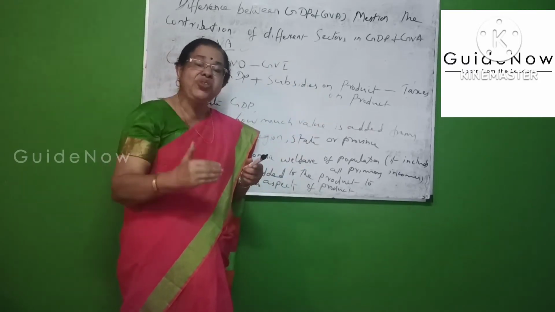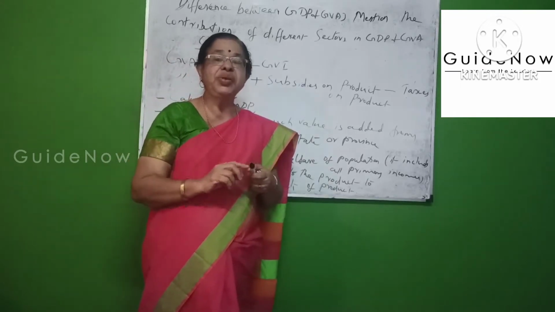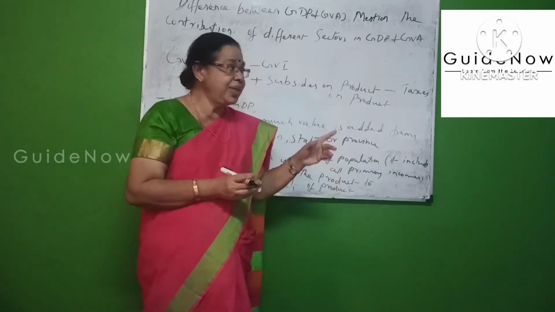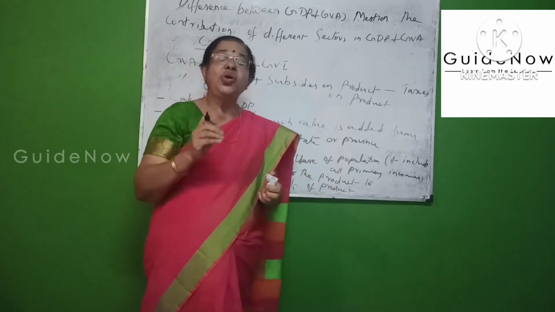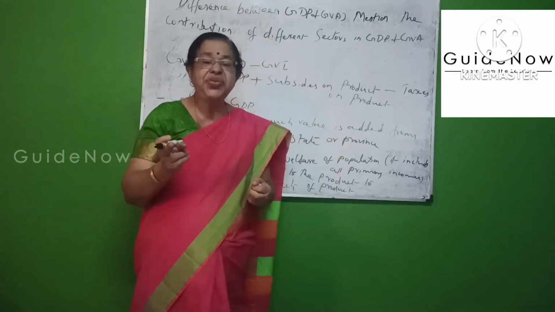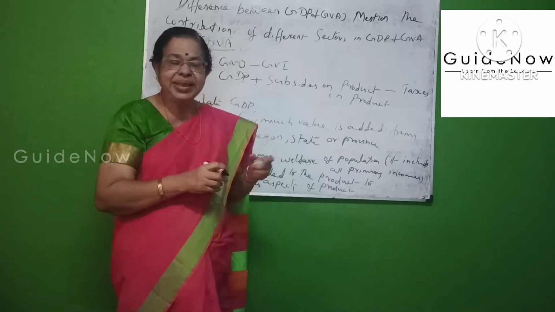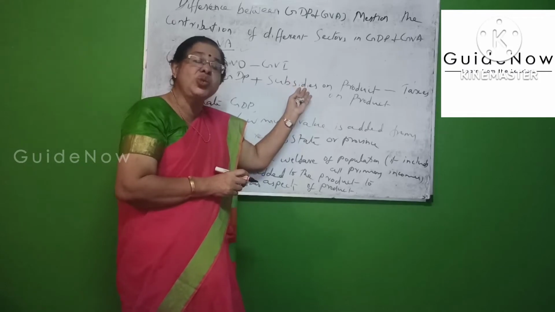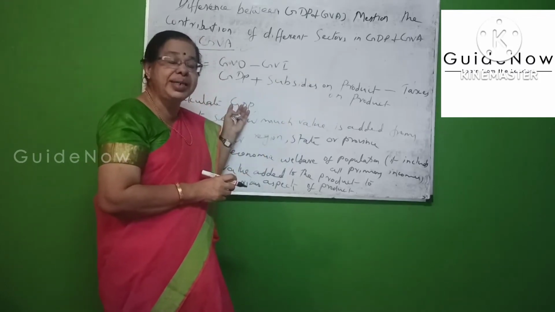In short, it is the difference between output and input, that is, how much value is added to the output after the cost of input. That is gross value added.